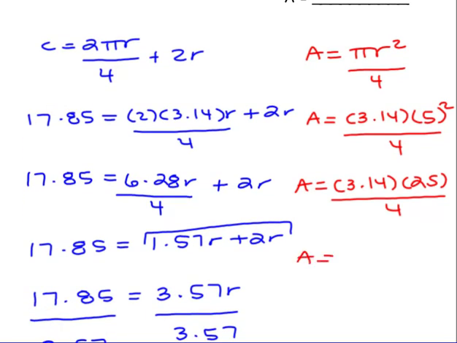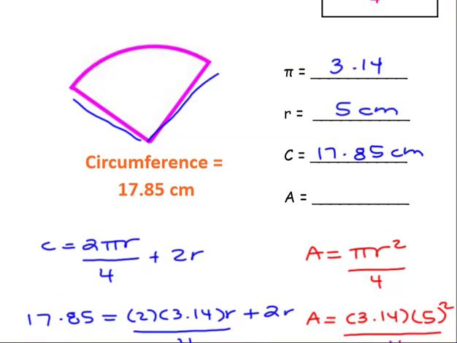When you simplify the top, you have 3.14 times 25, which is 78.5, divided by 4 because it's a quarter circle. And so your final area is 19.625. And that's going to be centimeters squared.